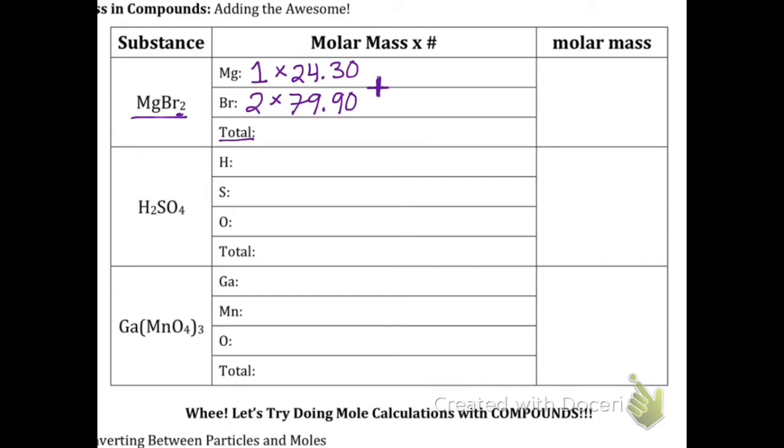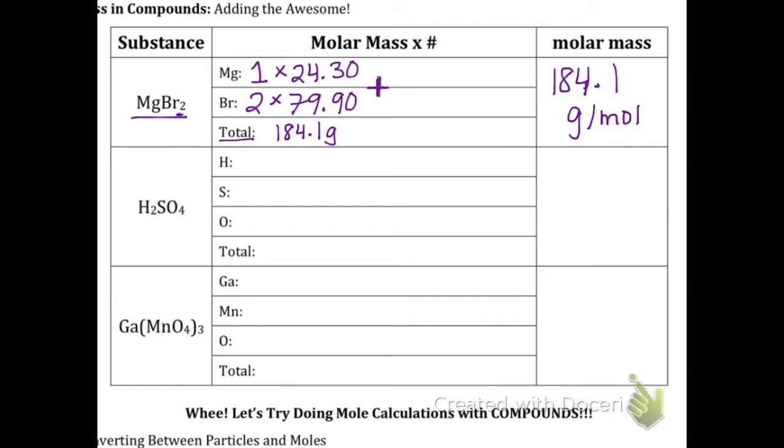Hopefully when you do that on your calculator, you get 184.1 grams. Okay, so that means the molar mass is 184.1 grams per mole, right?